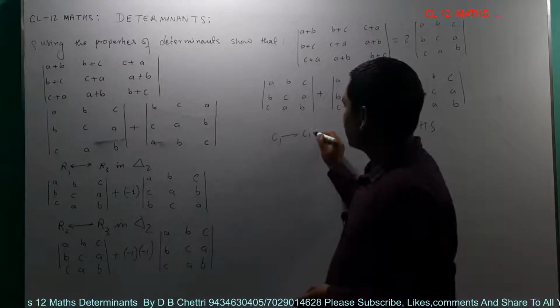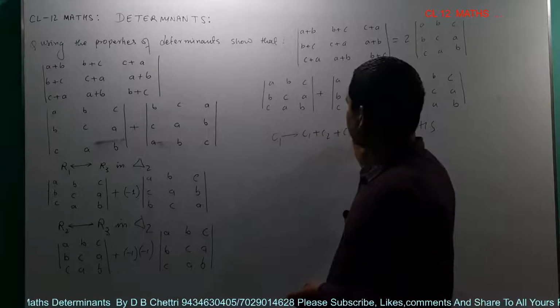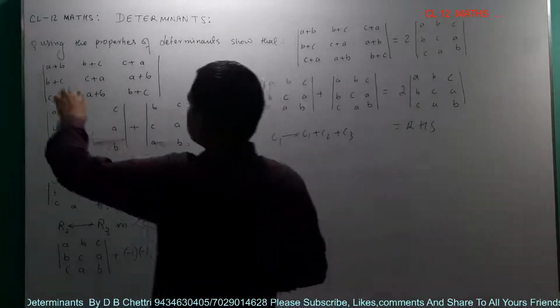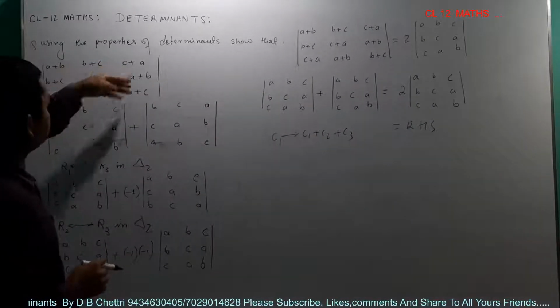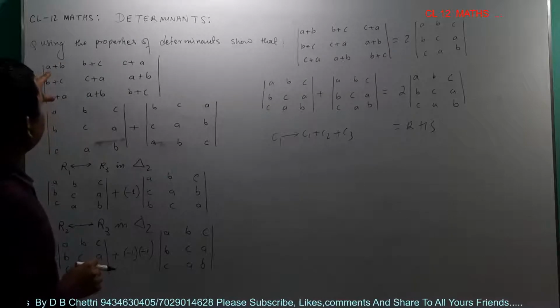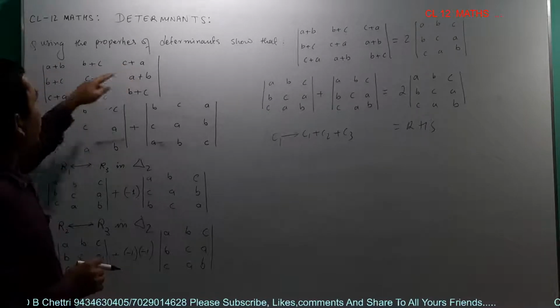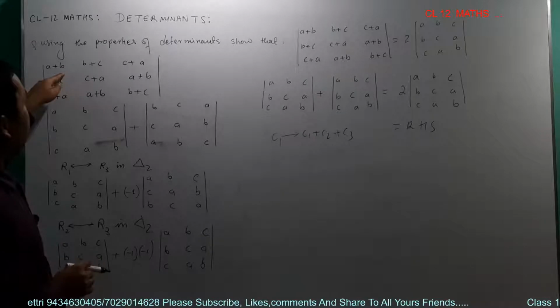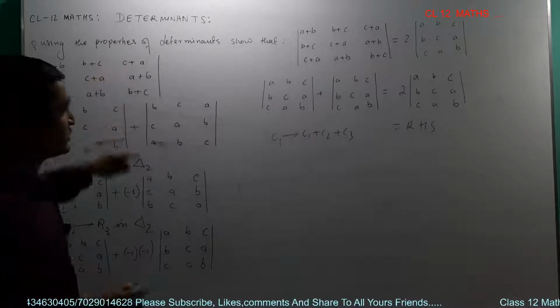C1 changes to C1 plus C2 plus C3. If you add all these columns into one, then A to A, B to B, C to C. What will we get here?